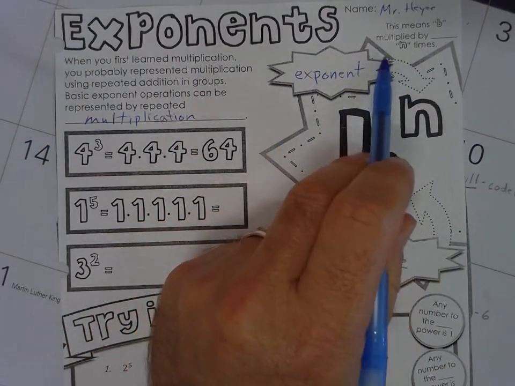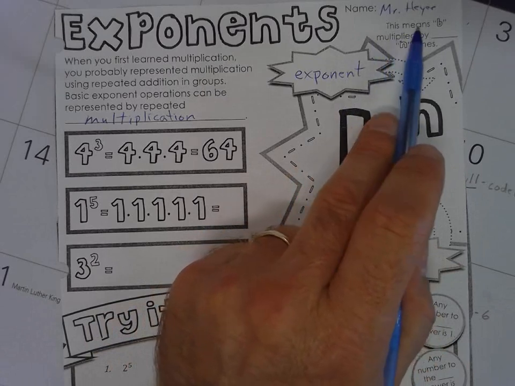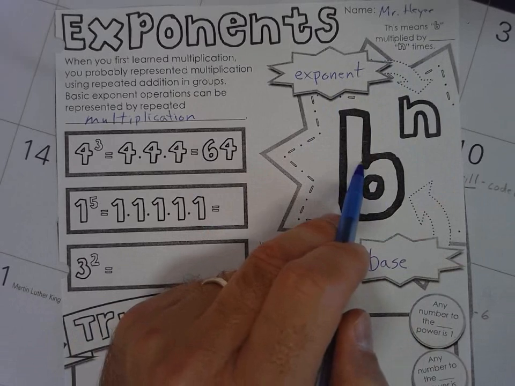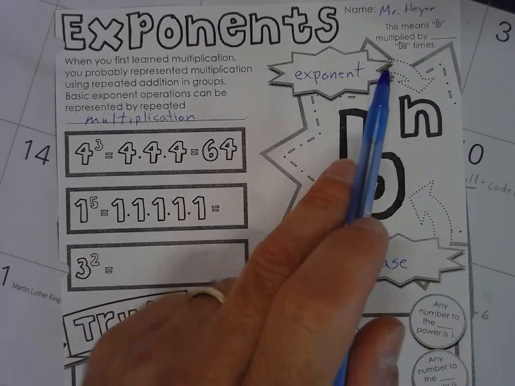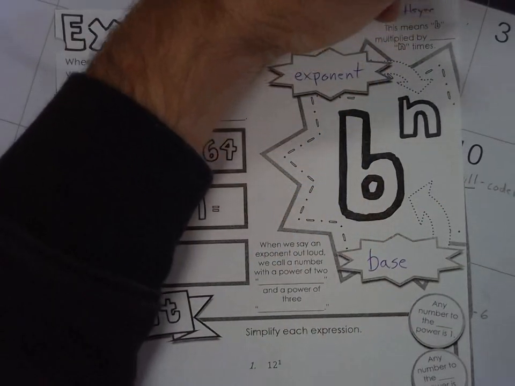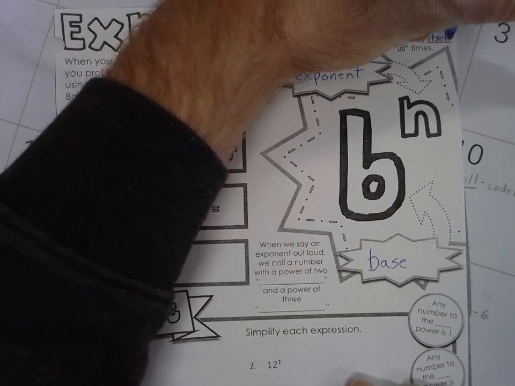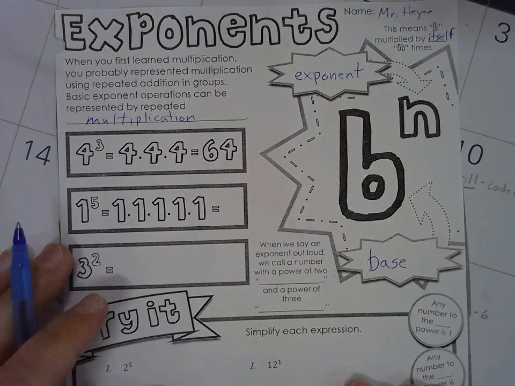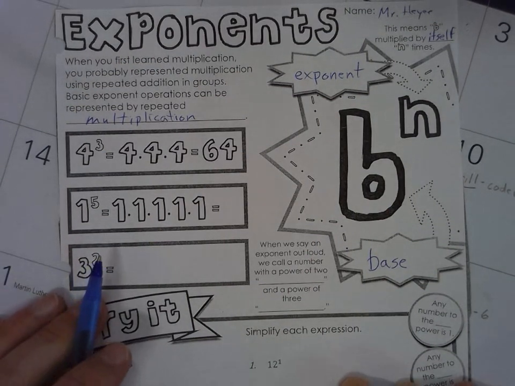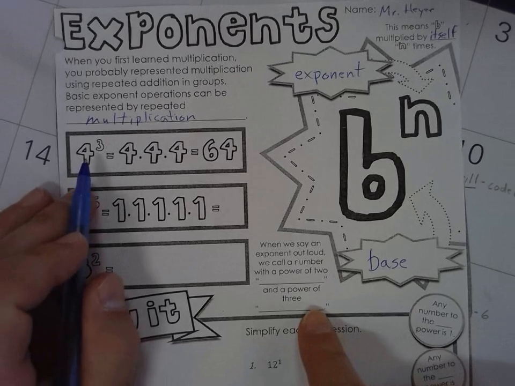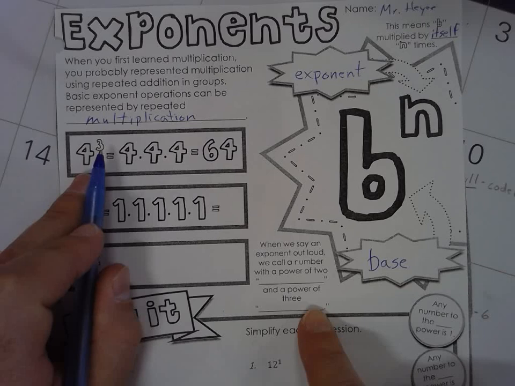What we're talking about here means b multiplied by itself n times. So up here in this corner, write itself. If you look at these examples, our base is 4 and our exponent is 3.